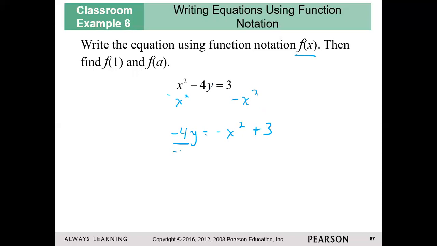And then I'm going to divide by negative 4. Divide by negative 4 to everything. And that gives you y is equal to 1/4 x squared plus 3/4. And now we can write it in function notation. F of x is equal to 1/4 x squared plus 3/4.